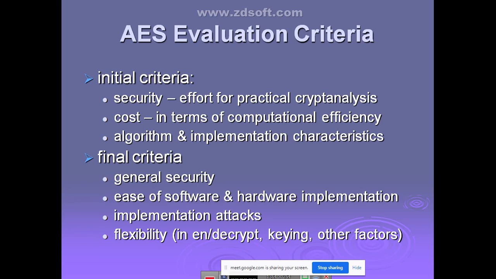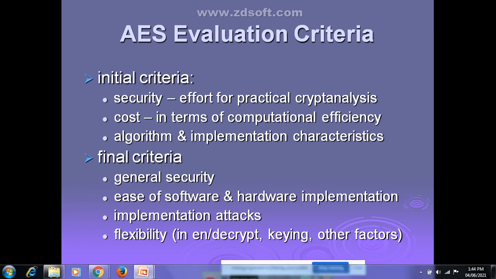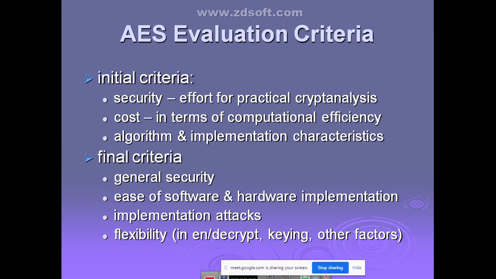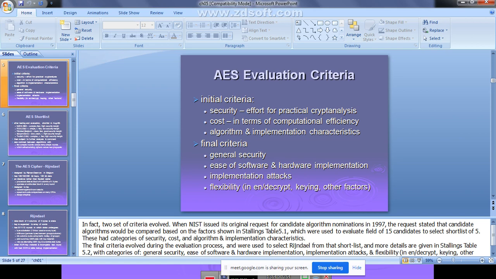So the effort for practical cryptanalysis indicates the security, and the cost is in terms of computational efficiency. Then the algorithm and implementation characteristics, all these things were taken into consideration in the initial criteria.